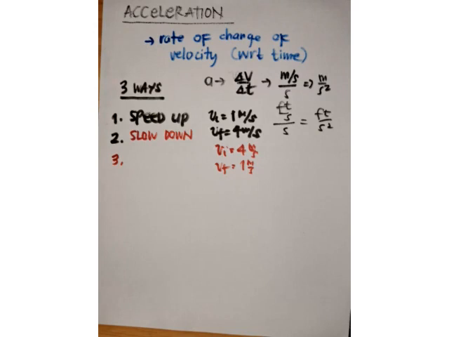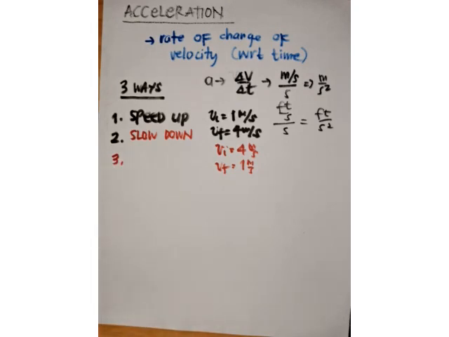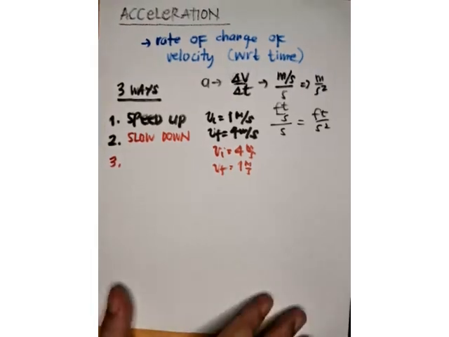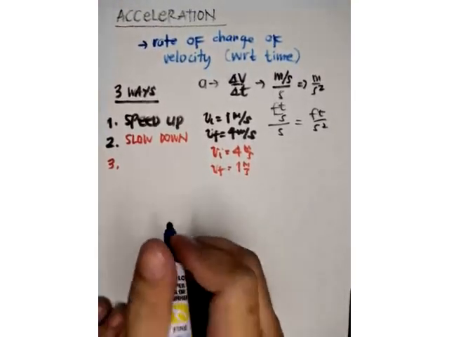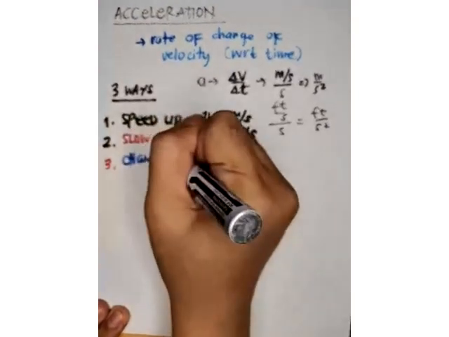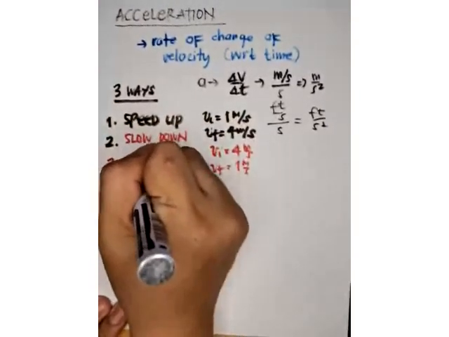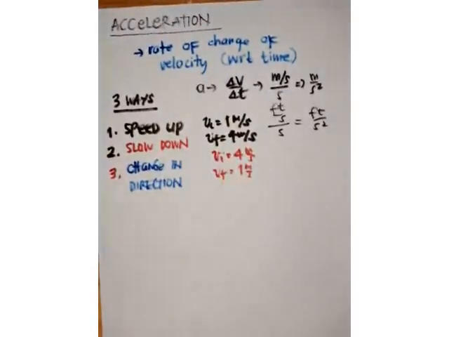So one of the applications of Newton's laws of motion ay isang perfect example ng pangatlo. Kasi hindi siya masyadong napapansin. Okay? Ano yung pangatlo? Yung change in direction. Ayan. Speed up, slow down, and then change in direction.